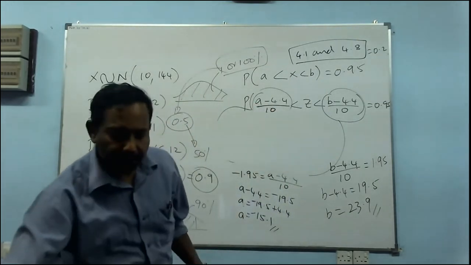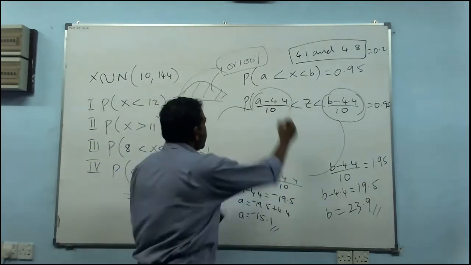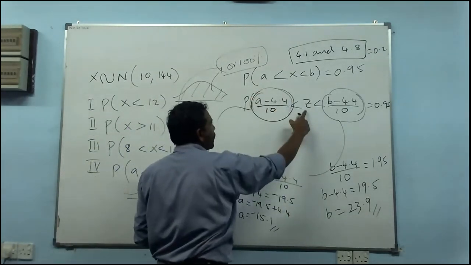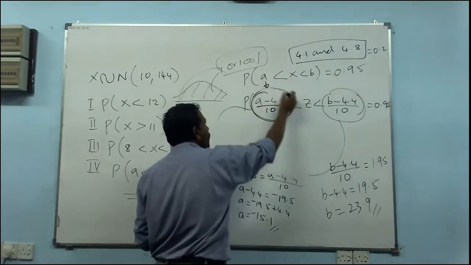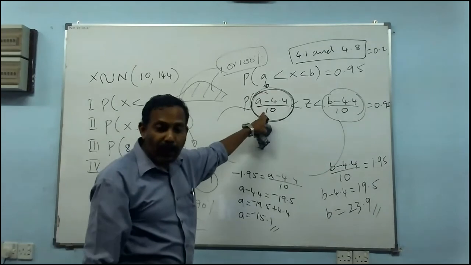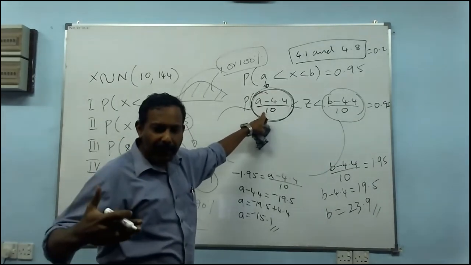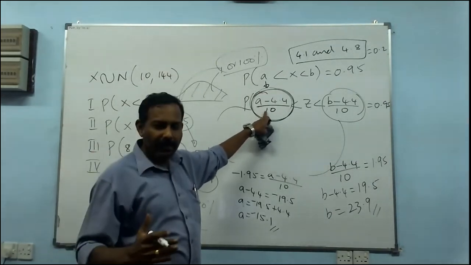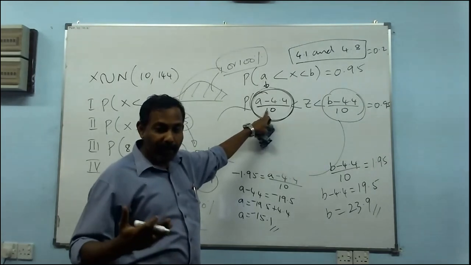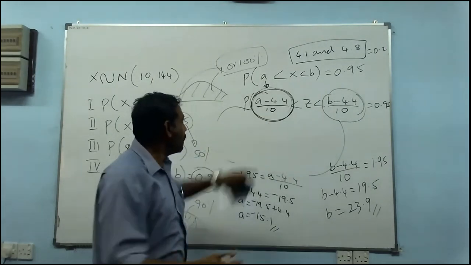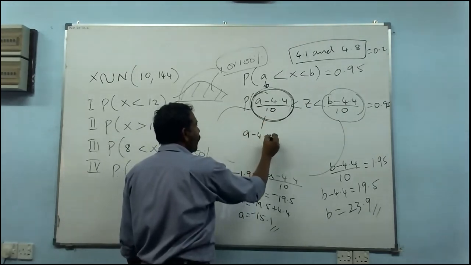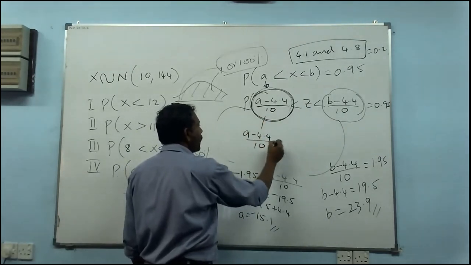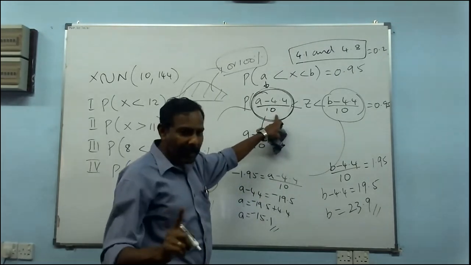So this equation is a z transformation, isn't it? From here we are doing a z transformation. If you do the z transformation, it is equal to the value of z on the table. So that is why we said a minus 4.4 divided by 10, which is a z value, not the probability value.